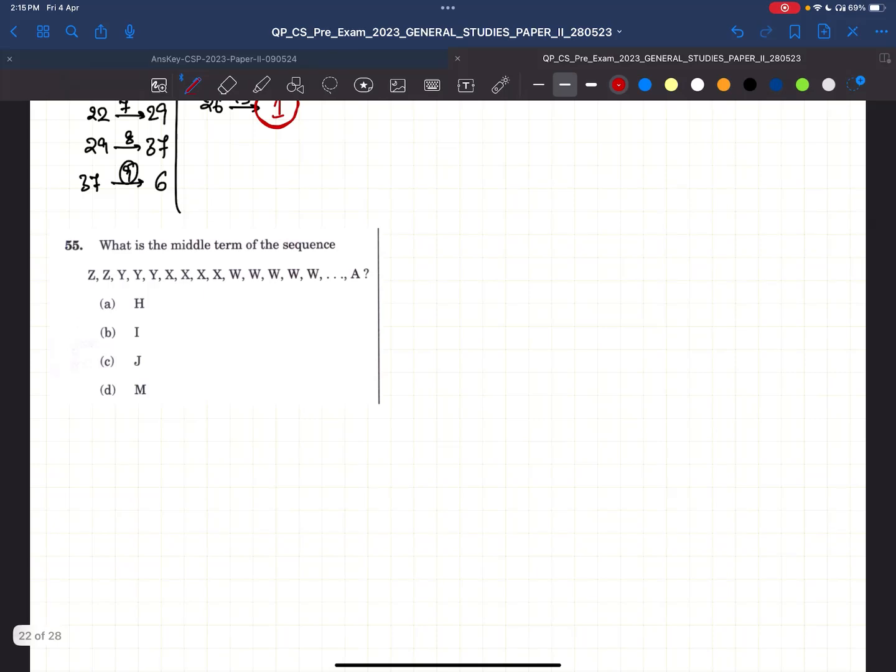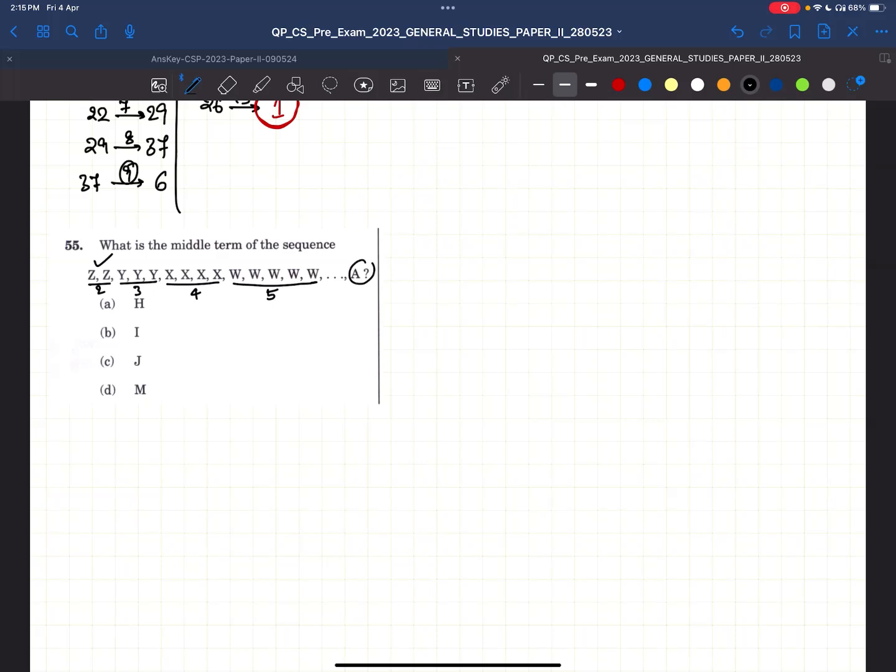So, what is the middle term of the sequence? Z 2 times, Y 3 times, X 4 times, W 5 times. Let me see how many alphabets are there. 26 alphabets. Now, he has taken Z 2 times.